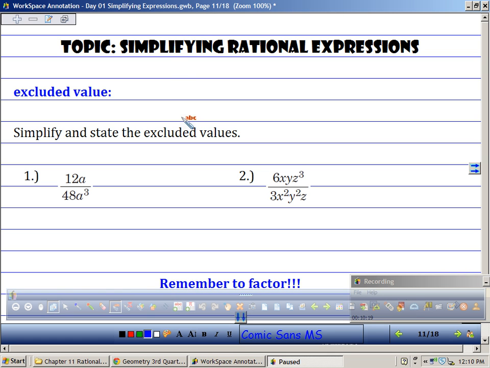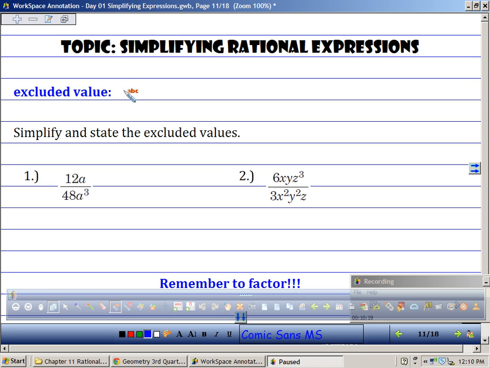You said an excluded value is something that gives you the result 0, specifically in the denominator. Good. So that would be an excluded value. Let's clean it up a little bit.